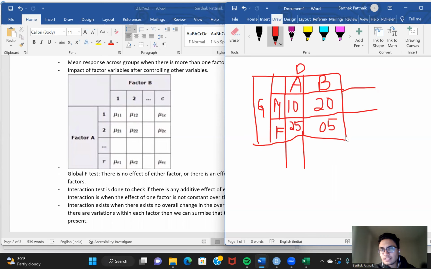So basically, marginal means are the means where we keep one factor constant and the other varies. So here for male, I will check the mean of the drugs. It will come out to be 15. For female, it comes out to be 15. For drug B, if for both male and female I do the average, it comes out to be somewhere around 12.